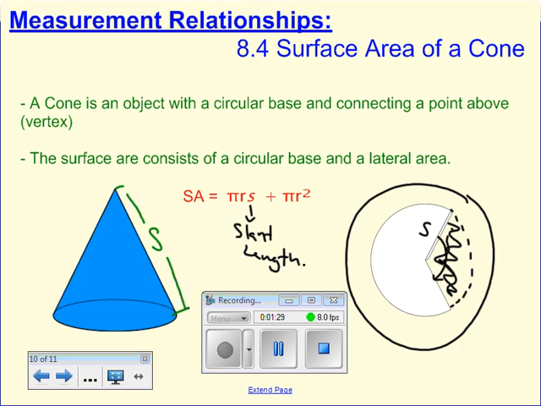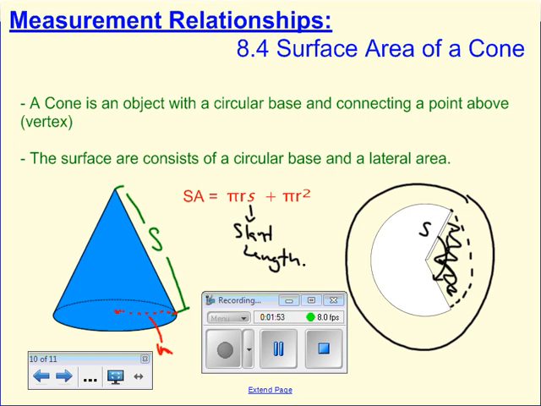The radius, which we're very familiar with, is the radius of the bottom circle. So it goes from the center of the circle to one of the edges. So that's my R, or radius. Those are the only two key pieces of information that we need.